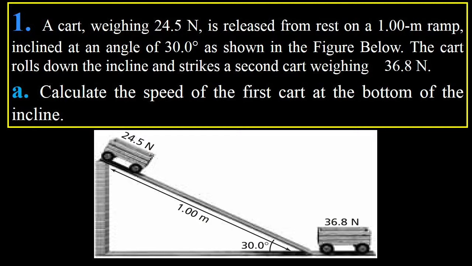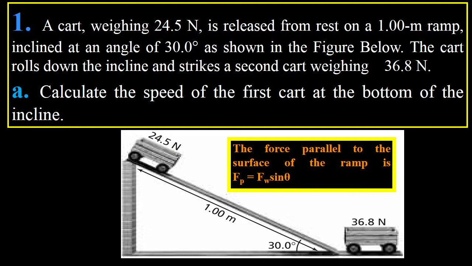So FP will be the net force. Then I divide the net force by the mass, and that will equal the acceleration. And then I want you to choose, before we get there, which motion equation is going to relate final velocity, initial velocity, acceleration, and distance, which remember is given as 1 meter.